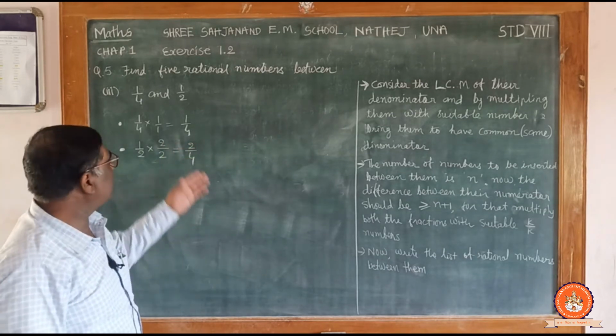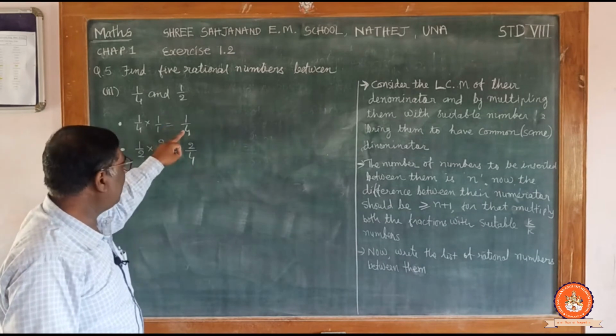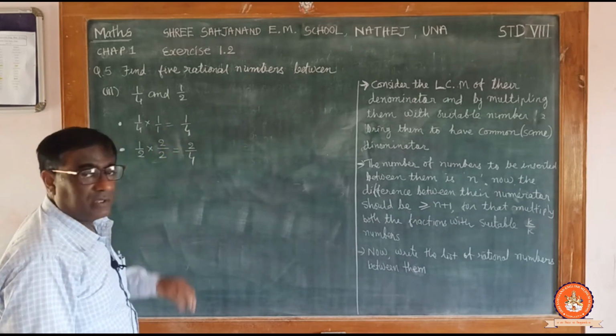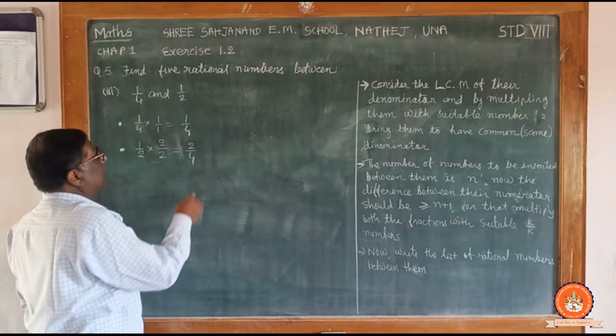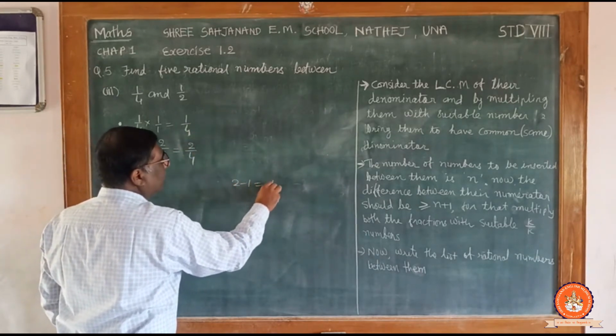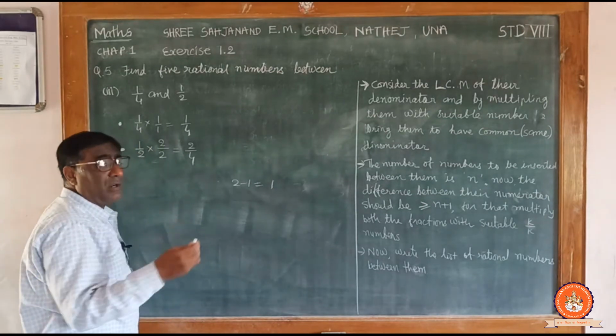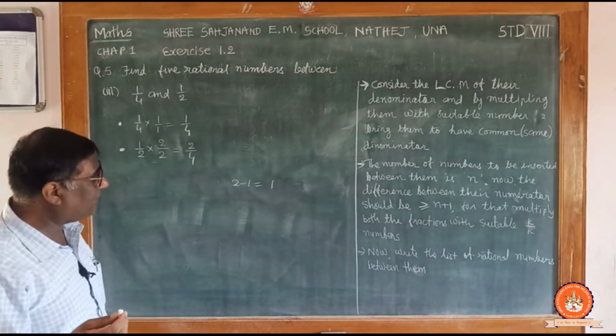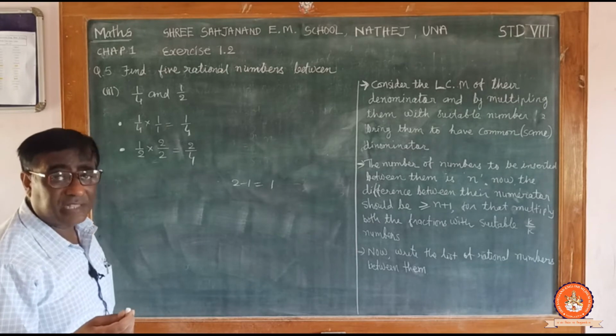Now we bring them to the common denominator, 1 by 4 and 2 by 4. But my friend, see the difference between their numerators: 2 minus 1 is only 1, and we want the difference between them to be equal to 6.